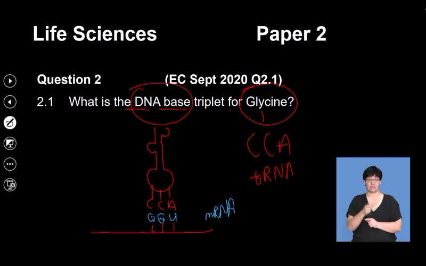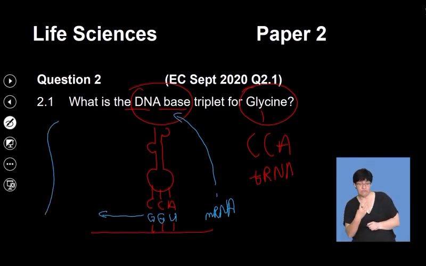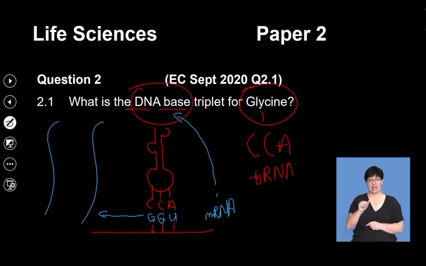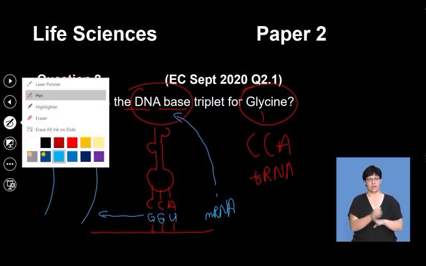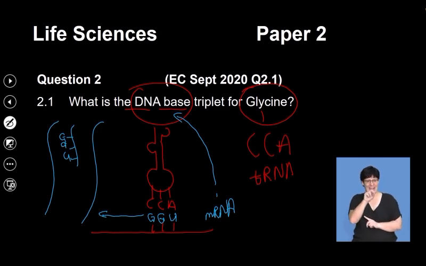Have we answered the question? The question points to DNA base. No. So we've got to take this mRNA codon and convert that into a DNA base triplet. Remember that we've got a sequence here that codes for G, U. We've got to establish exactly what the DNA sequence is that gives us that.